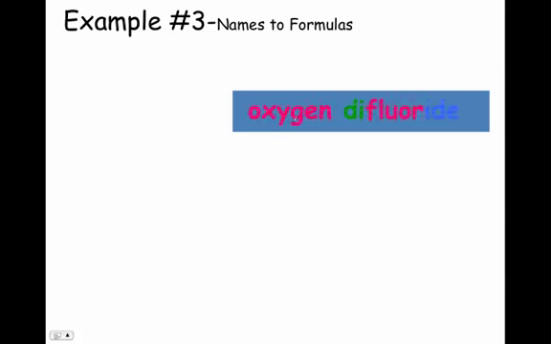Oxygen difluoride, we write the O, we write the F. Okay, first we have to consider, is it all nonmetals? Yep. And therefore we know we're using Greek prefixes. Okay, so oxygen, we would write the 1, but then we'd get rid of it.